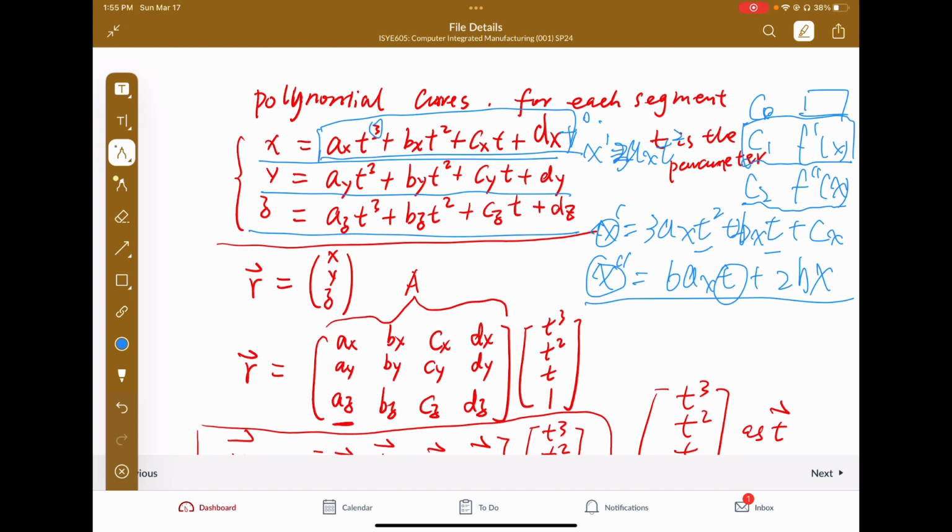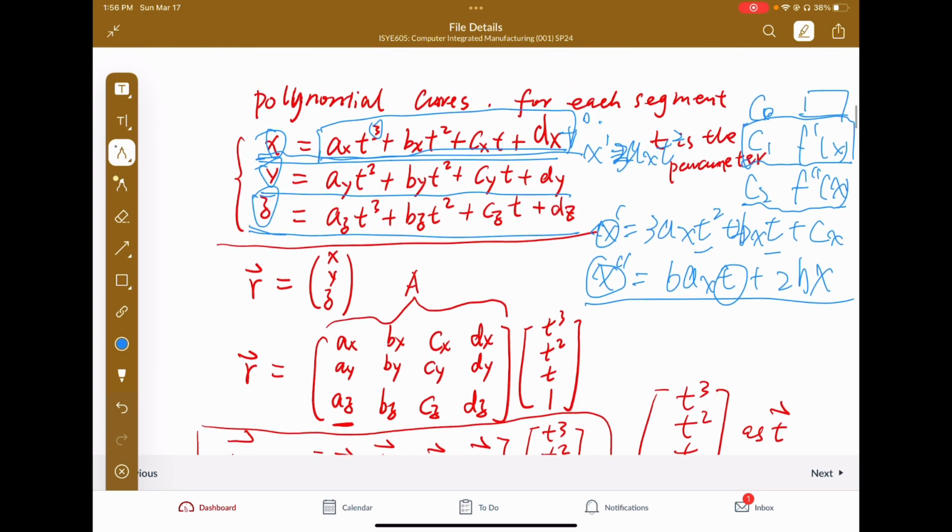After two derivatives, you still have the freedom to control the values of x, y, and z. That means using this format, the curve we describe can have C2 continuity. So we use a cubic curve here to describe the x, y, z values.